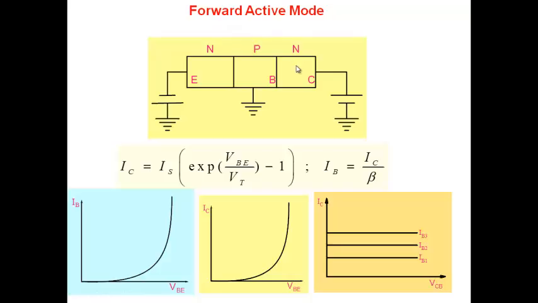Okay. And so these are the characteristics that we expect. Whether you take the base current, the collector current, or the emitter current, the emitter current is the sum of base and collector current, any of the currents depend exponentially on the base-emitter voltage. Because after all, the current is arising from a forward biased diode.